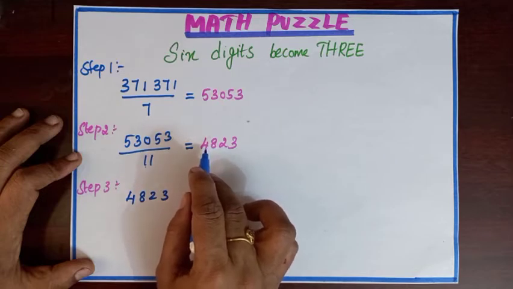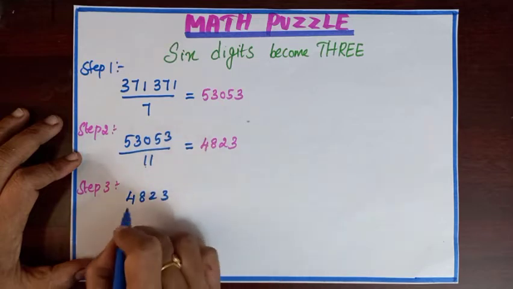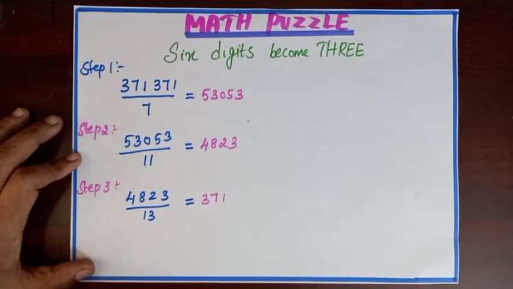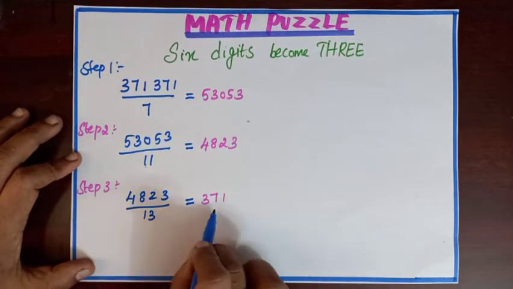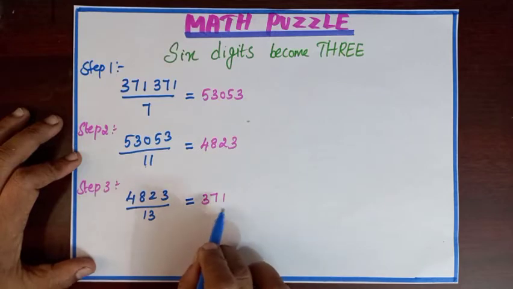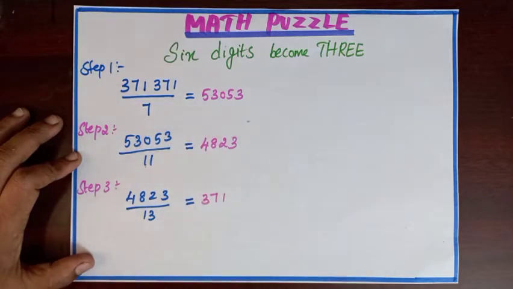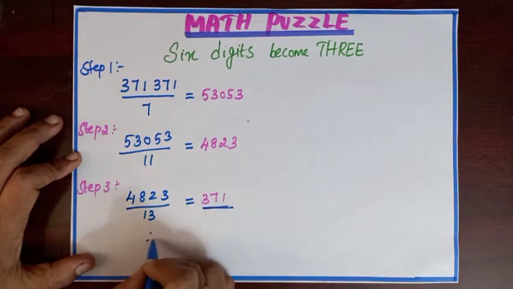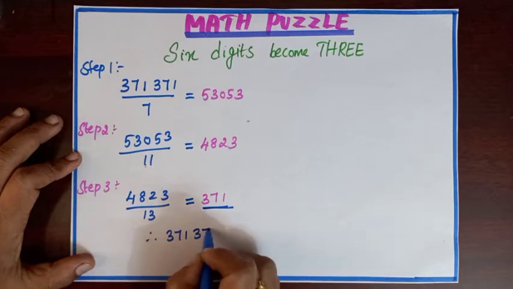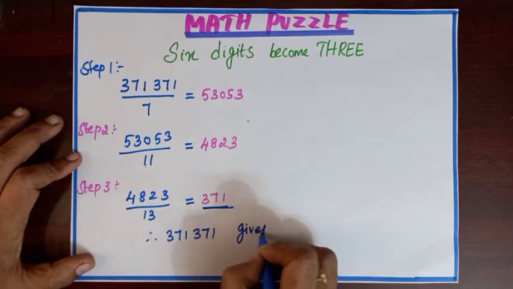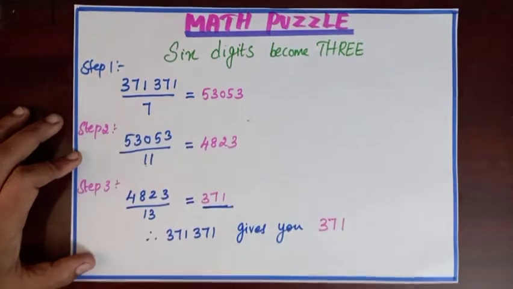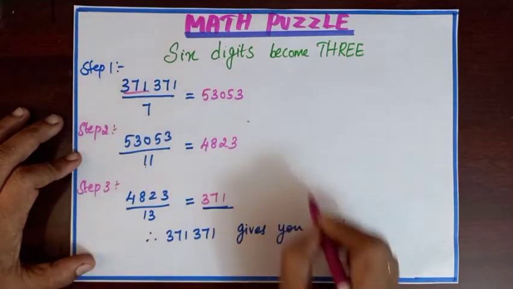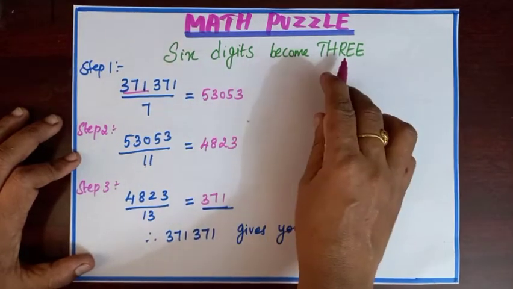Now we have to divide 4823 by 13. We get 371. The order in which you do the division is unimportant. The answer is the 3-digit number. Therefore, 371371 gives you 371. Wow, it's amazing. 6 digits become 3.